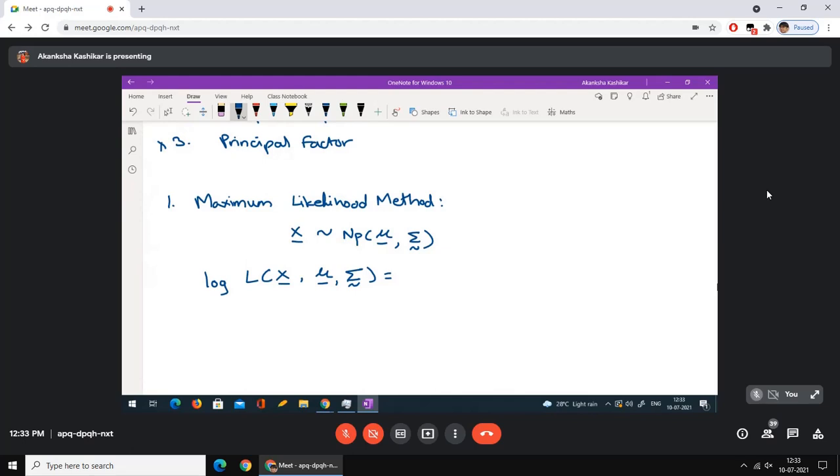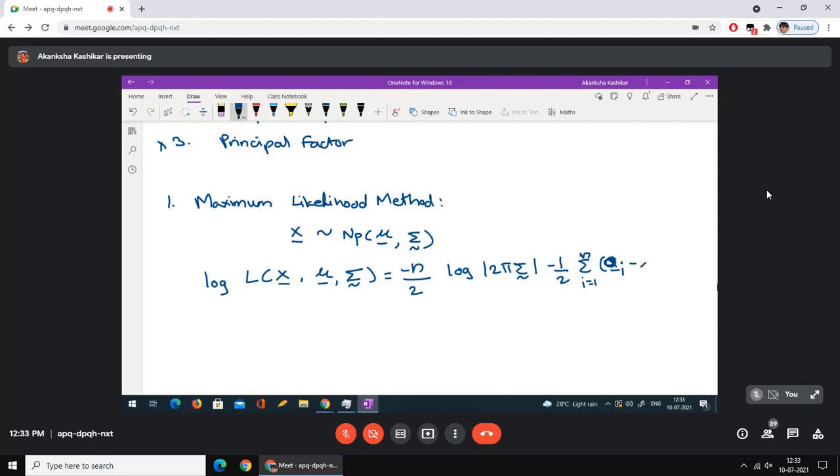So I'm writing the likelihood here, and I'm sure you can find at least some parts familiar. Minus n by 2 log of determinant of 2 pi sigma. Then minus half sum over i going from 1 to n, and maybe I should write O_i, because x_i you might confuse with the ith component, whereas what we mean is the ith observation.